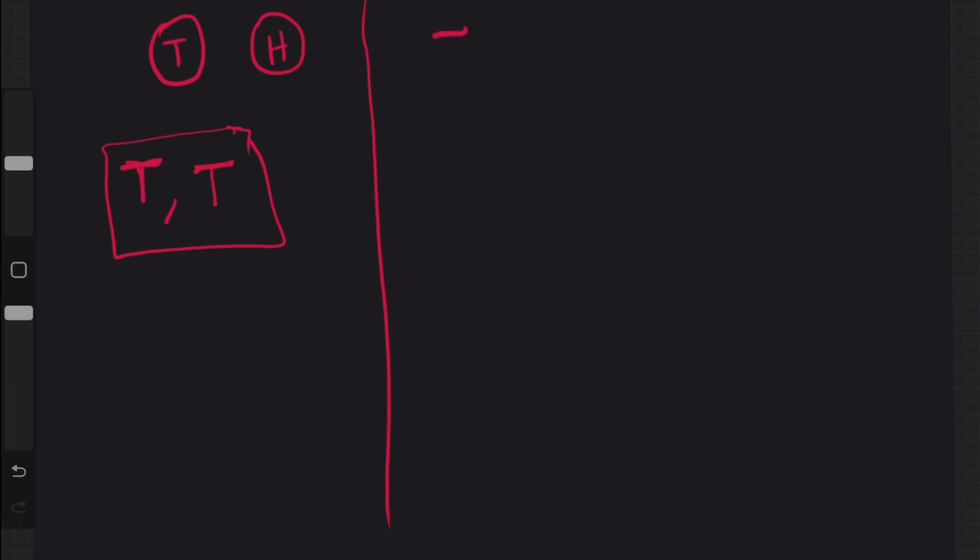So we can see that as a first event, we have either a tail or a head. But then for the second event, after already having a tail, for example, we could again have a tail. Or for the first event where we had a tail, the second one could be a head. On the other hand, if the first event was a head, the second event could also be a head. Or if the first event had been a head, the second event could have been a tail.